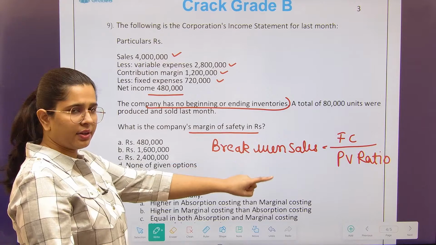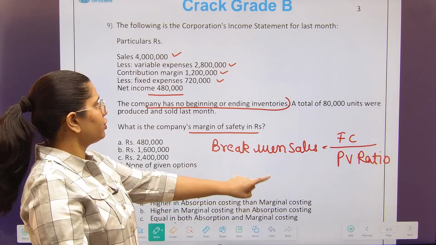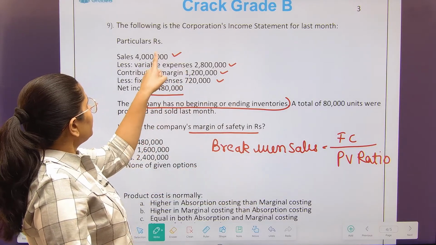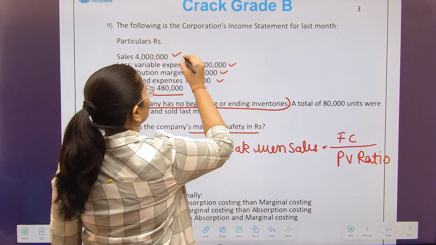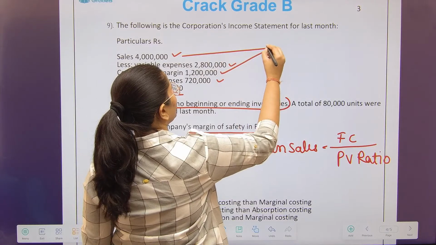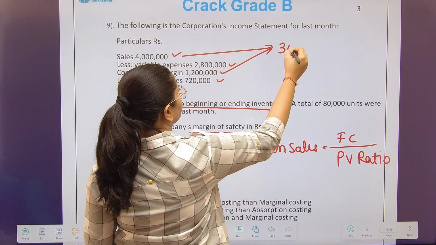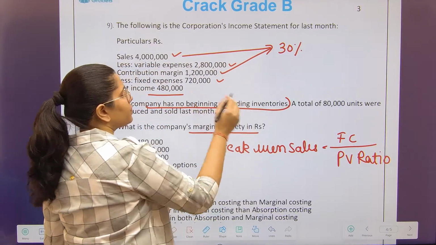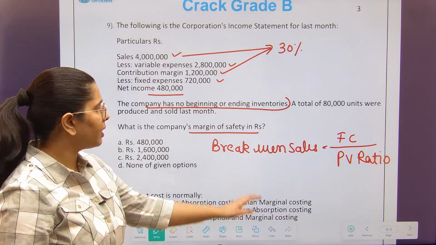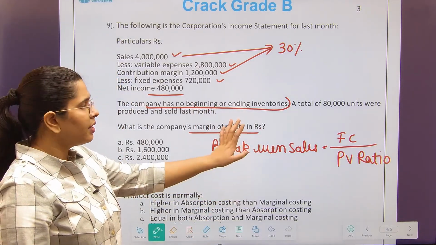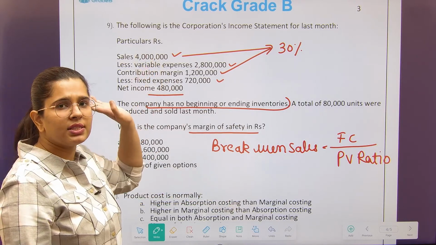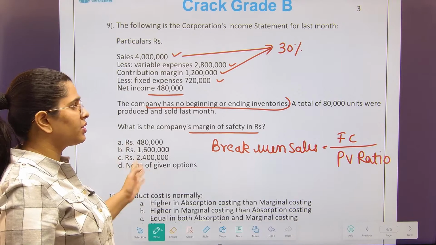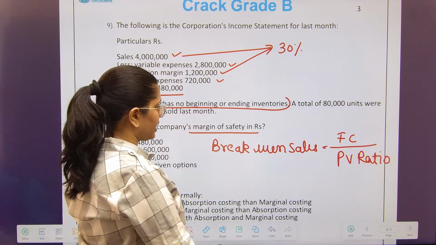PV ratio you can calculate. How will you calculate PV ratio? Contribution divided by sales. 720 divided by 30 will give you your break-even sales, right? Break-even sales first find out, and less it from the sales, you will get your what? Margin of safety. I guess we have just calculated it.